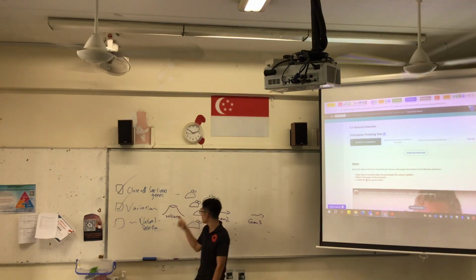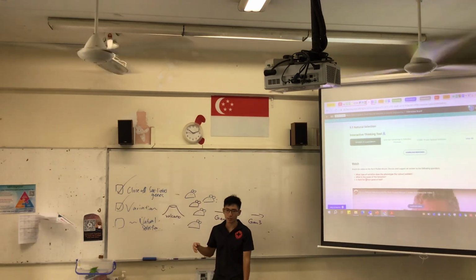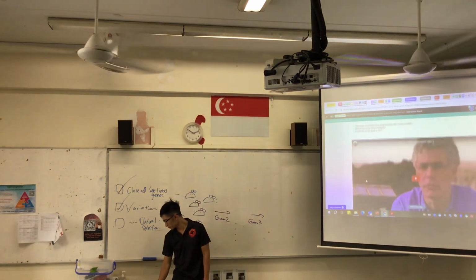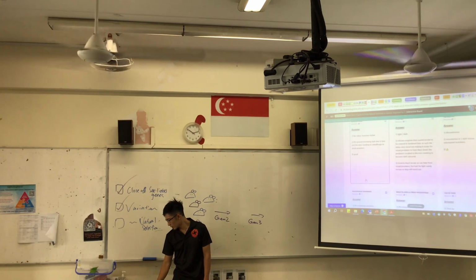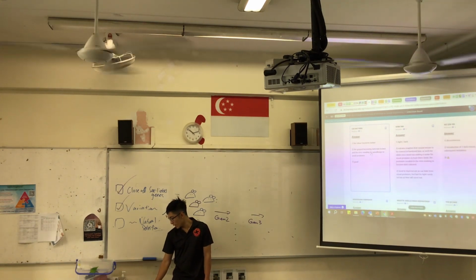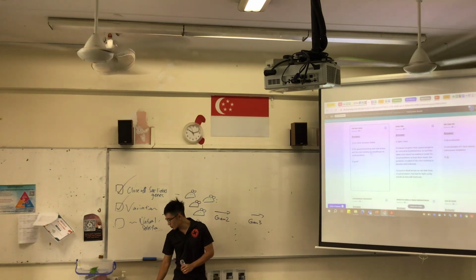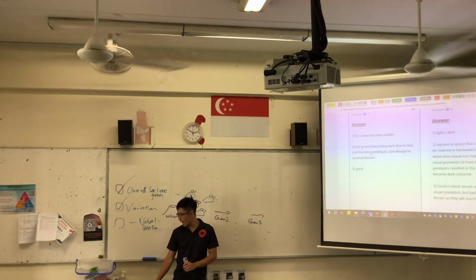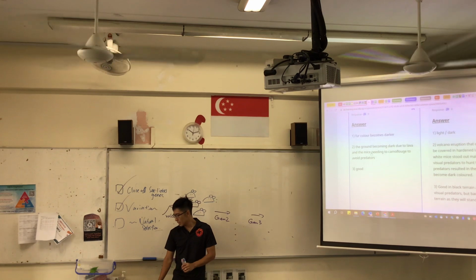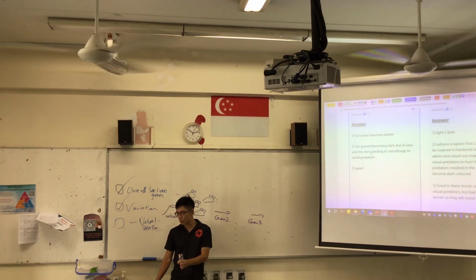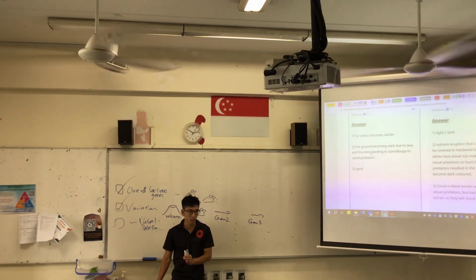What caused this variation to begin with? Why was it even black? Okay, so we see a few variations in answer. First one is, the ground became dark because of the lava. Then, because the mice need to camouflage, therefore we observe this variation occur.